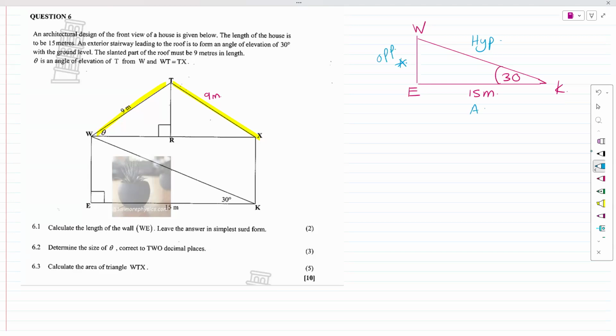Okay, so what do we have, Mia? Mia, what's given to us in the question? Oh, EK 15. Okay, so EK is adjacent. We're given the angle. What do we want to calculate, Mia? WE. Which is? Opposite. Okay, I'm fine.